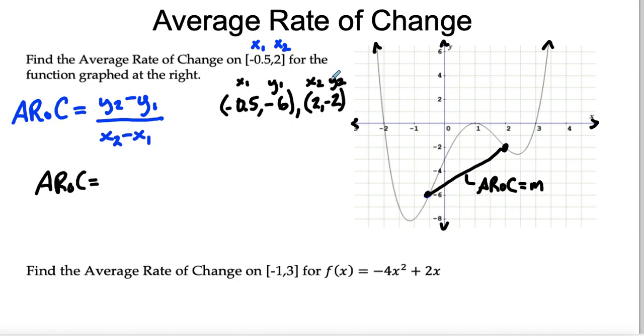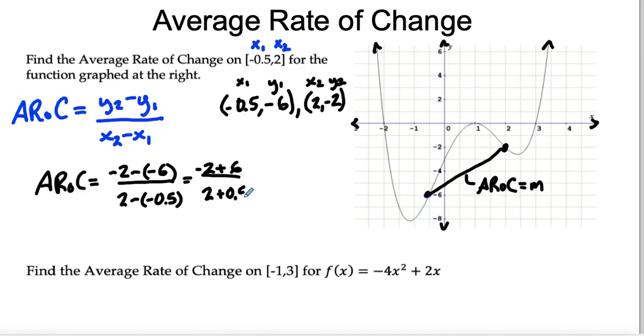We're going to have y2 minus y1. Just be careful here: you're going to have negative 2 minus a negative 6, so that's actually going to become plus 6. Then you have x2 minus x1, so that's 2 minus a negative 0.5. So negative 2 plus 6, and 2 plus 0.5 leaves me with 4 over 2.5.